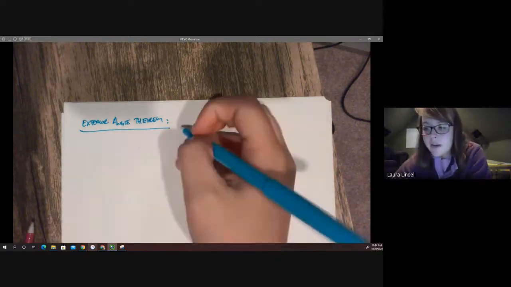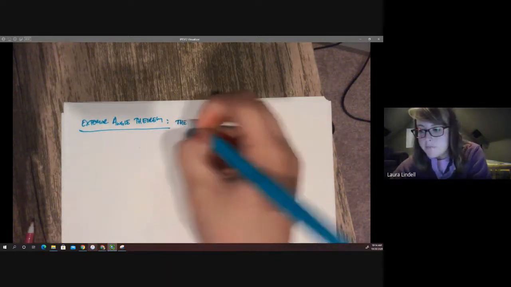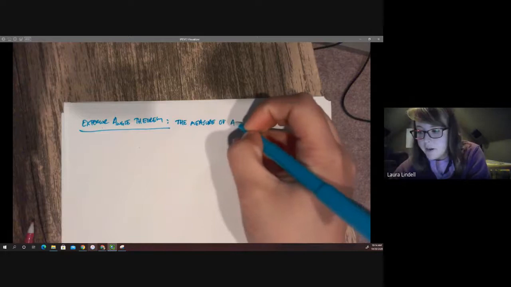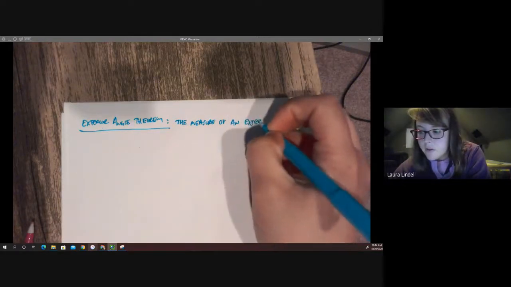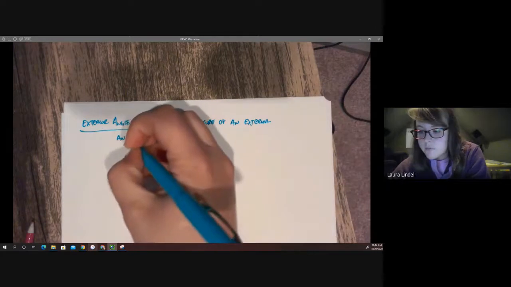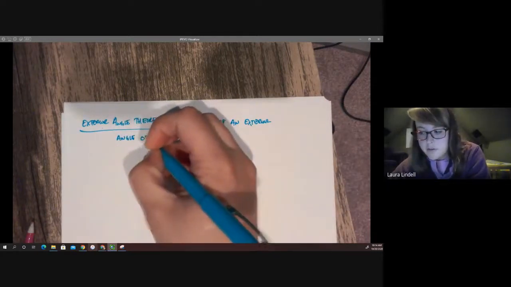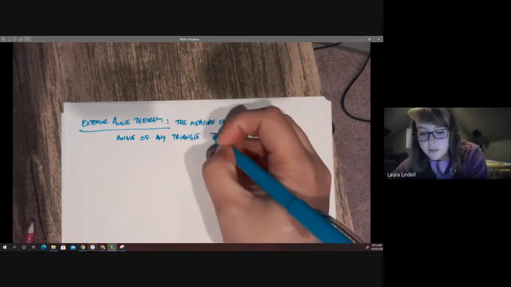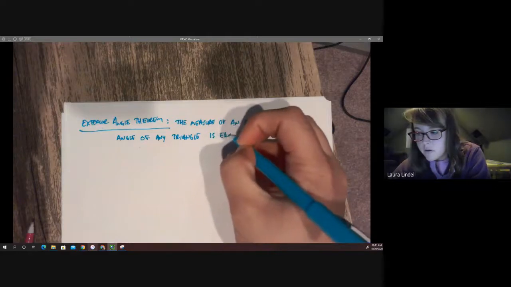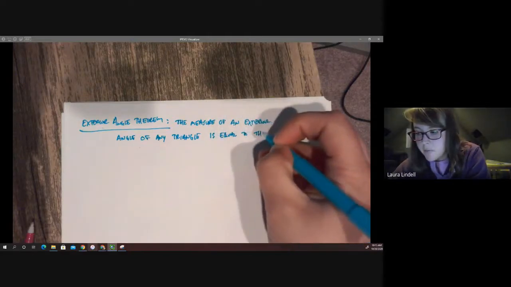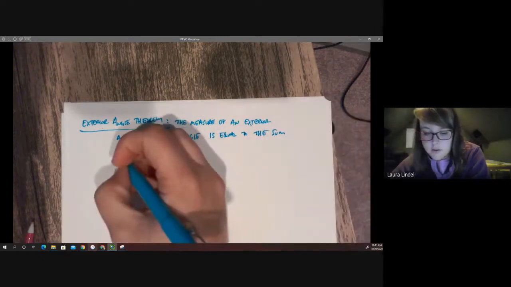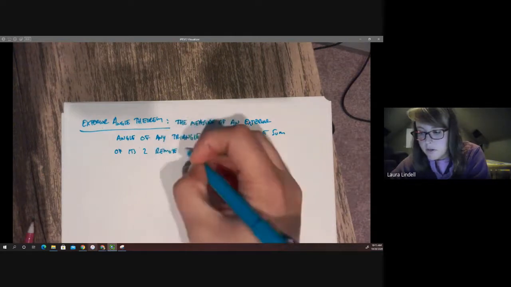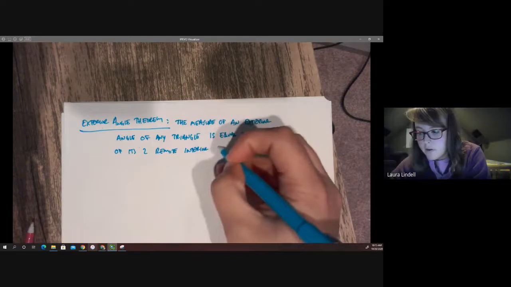So the exterior angle theorem says the measure of an exterior angle of any triangle is equal to the sum of its two remote interior angles.